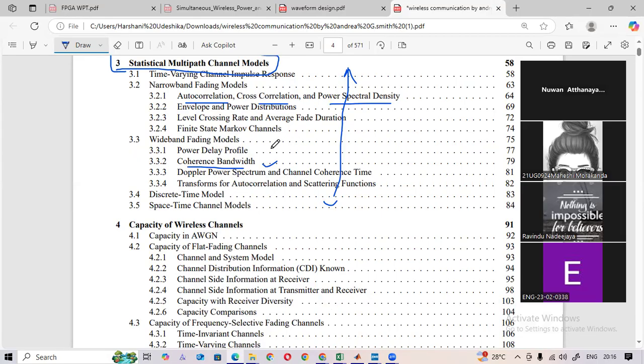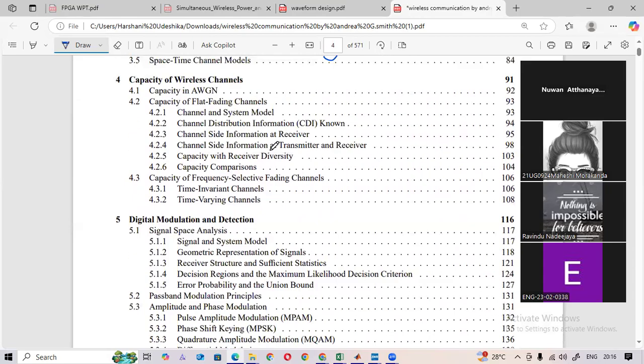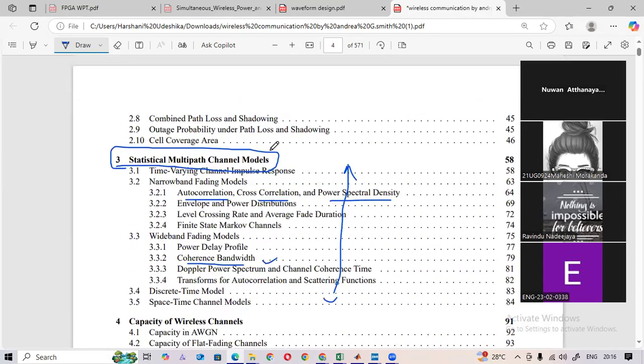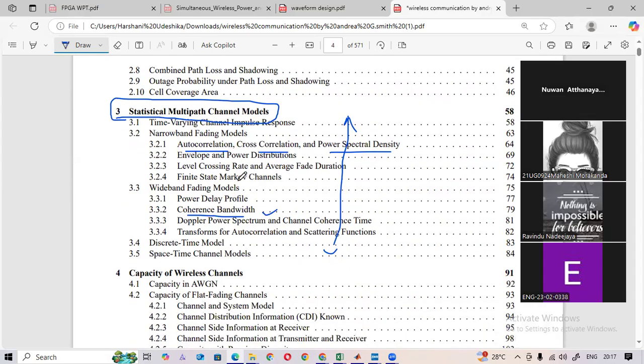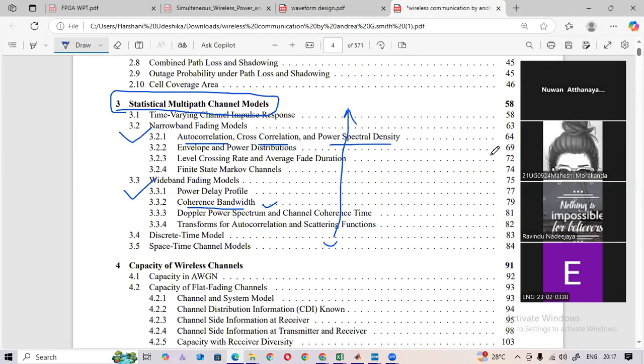So these things you should know. And also you will be having narrowband fading models and wideband fading models. So both will be there. Under narrowband, what is that?